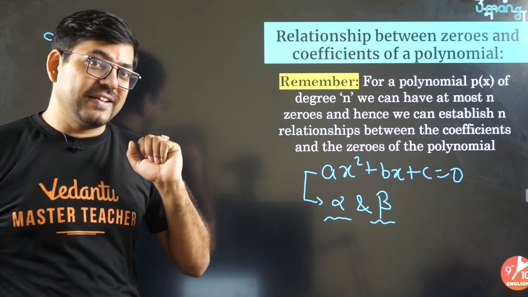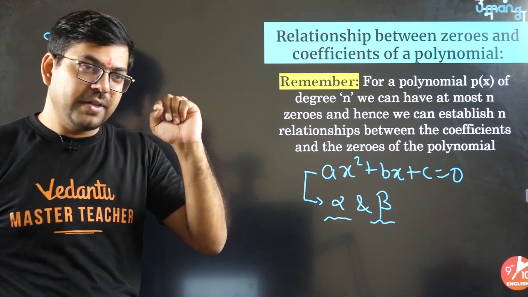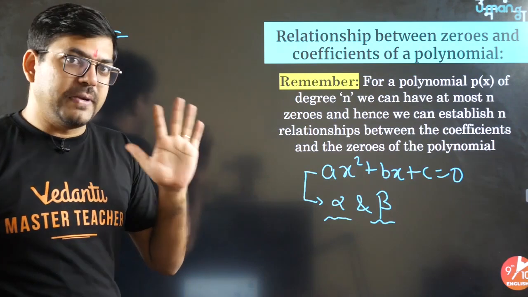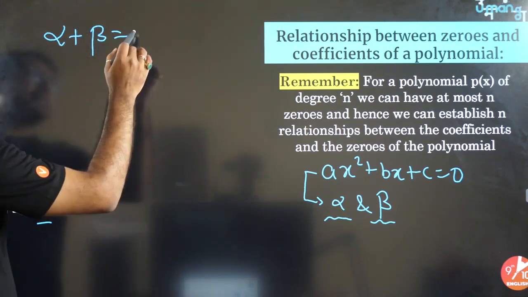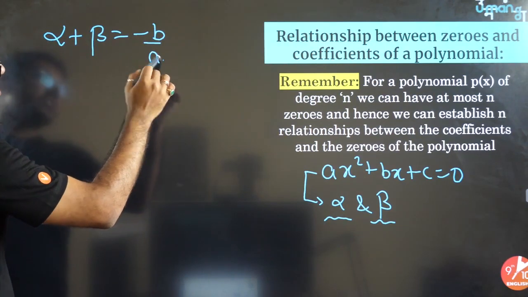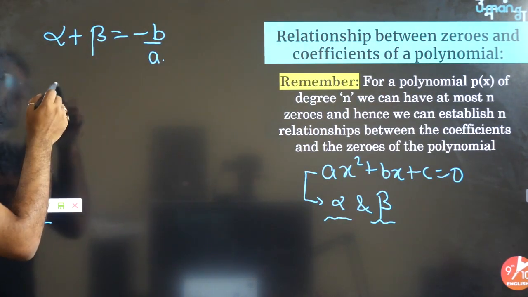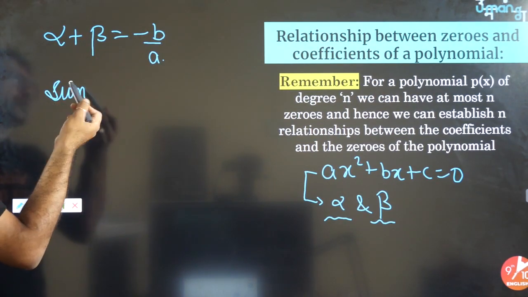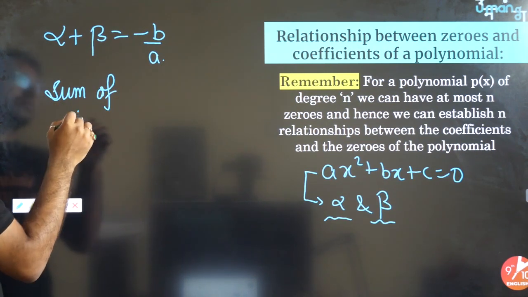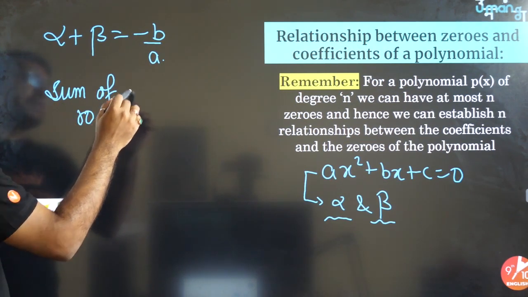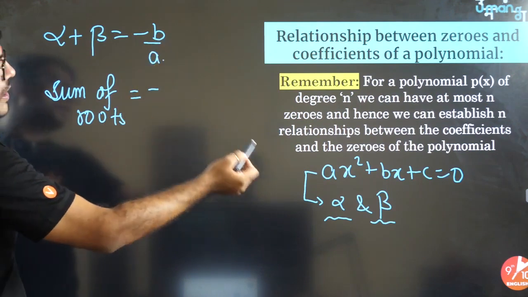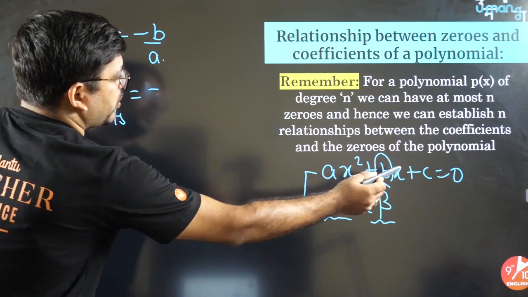Right now you just have to remember that alpha plus beta is equal to minus b by a. Some books even say that it can also be written as sum of roots is equal to minus b, where b is the coefficient of x.